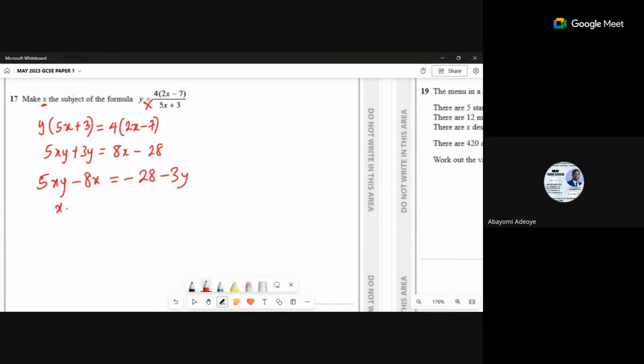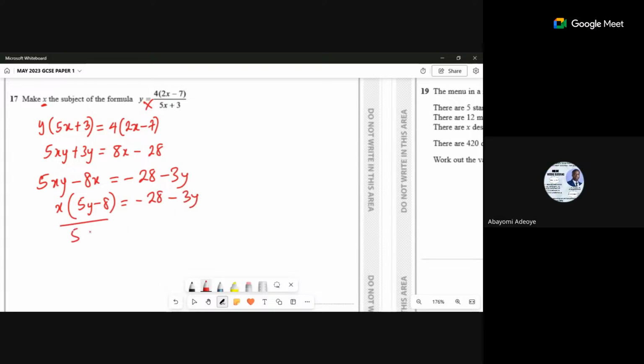So you factor out x. X bracket 5y take 8 equals negative 28, negative 3y.